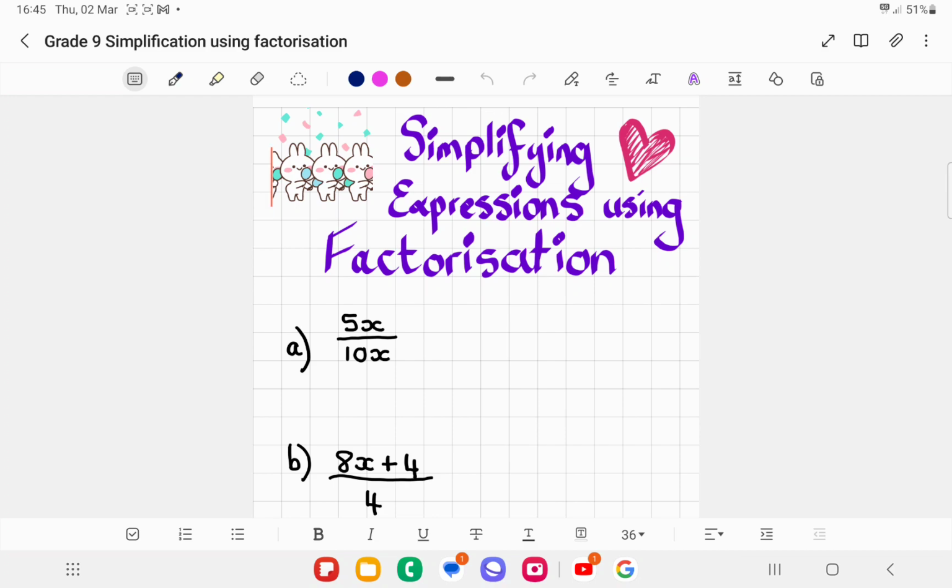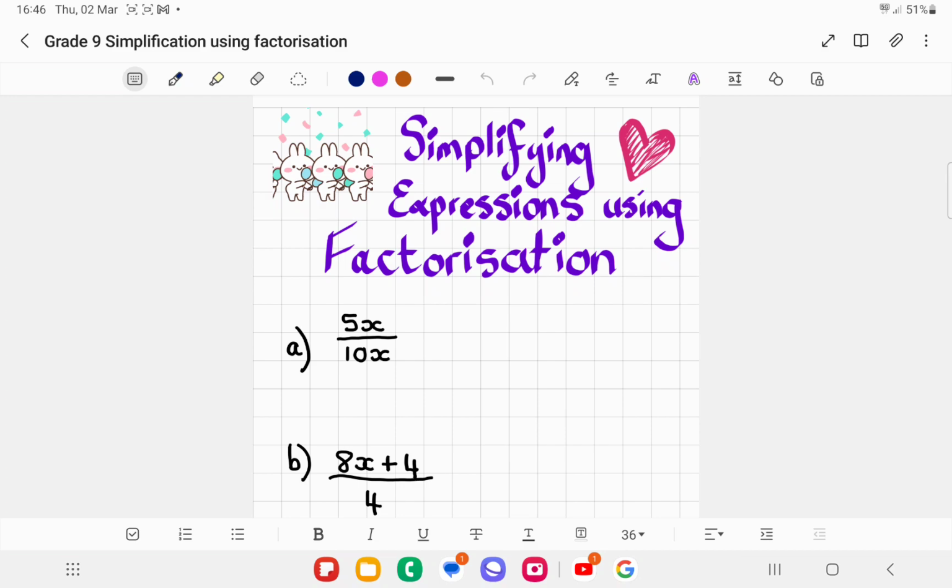And I will need to know how to factorize. So please, if you don't know yet, do look at the videos and get to know how to factorize your three different types of main factorization: HCF, difference of two perfect squares, and the good old trinomial.